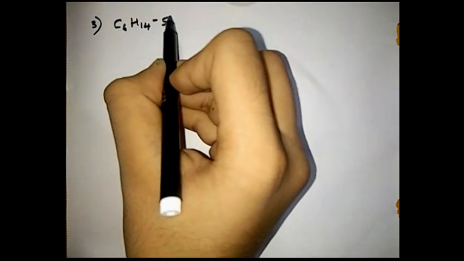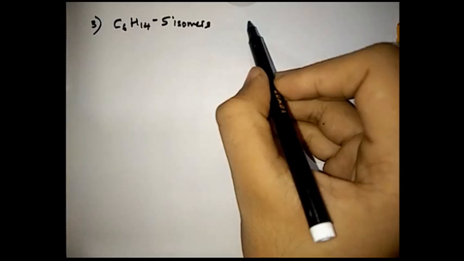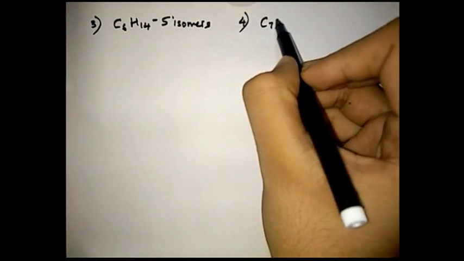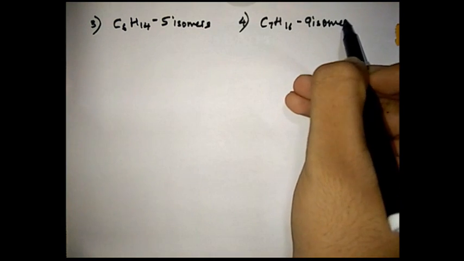Again, in the same chain isomerism, you can remember these by heart, as this can be asked as a sub question in any MCQ, like C6H14 has 5 isomers. This is just for quickly remembering the isomers if sub questions are asked in MCQ. C7H16 has 9 isomers.